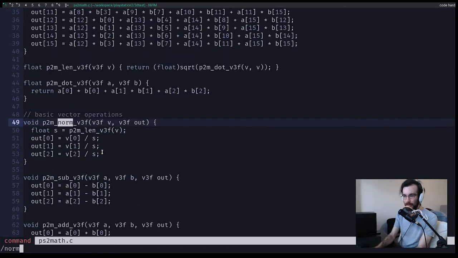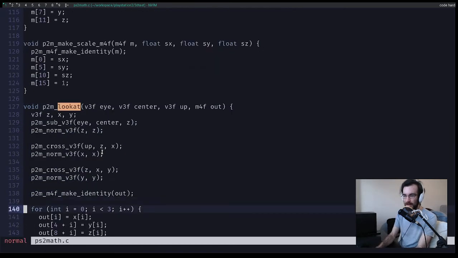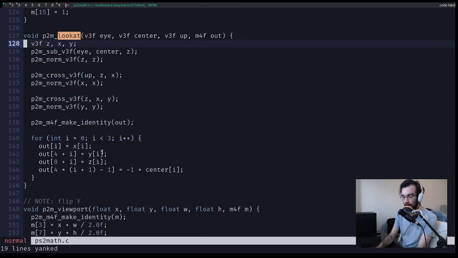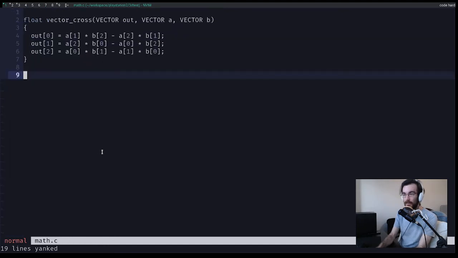And then if we go to look at what was norm? That was just, yeah, okay. Normalizing the vector. Cool. Oh, we'll deal with that in a sec. Matrix out. Dot, dot, dot. I don't know what args we need for this.